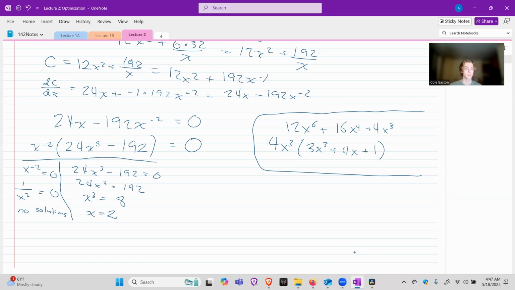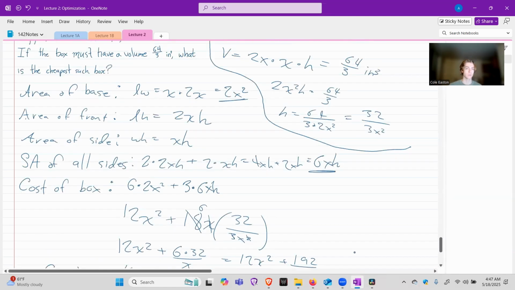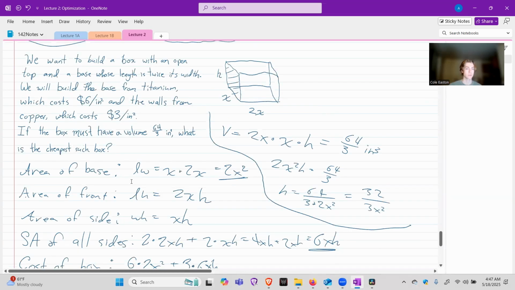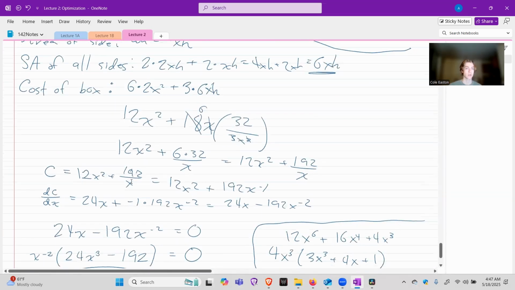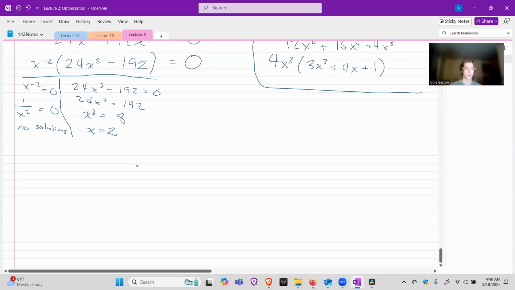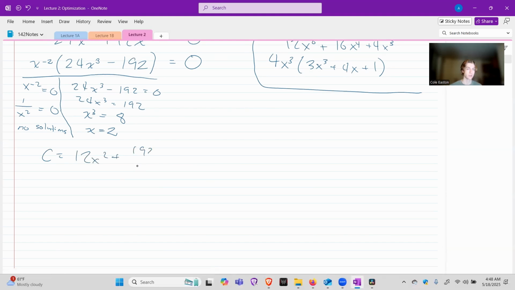And now we can go back and plug this in. So if we remind ourselves what the problem says, it says, what is the cheapest such box? So we said the cost of the box we figured out was 12x squared plus 192 over x. So that is 12 times 2 squared plus 192 over 2.